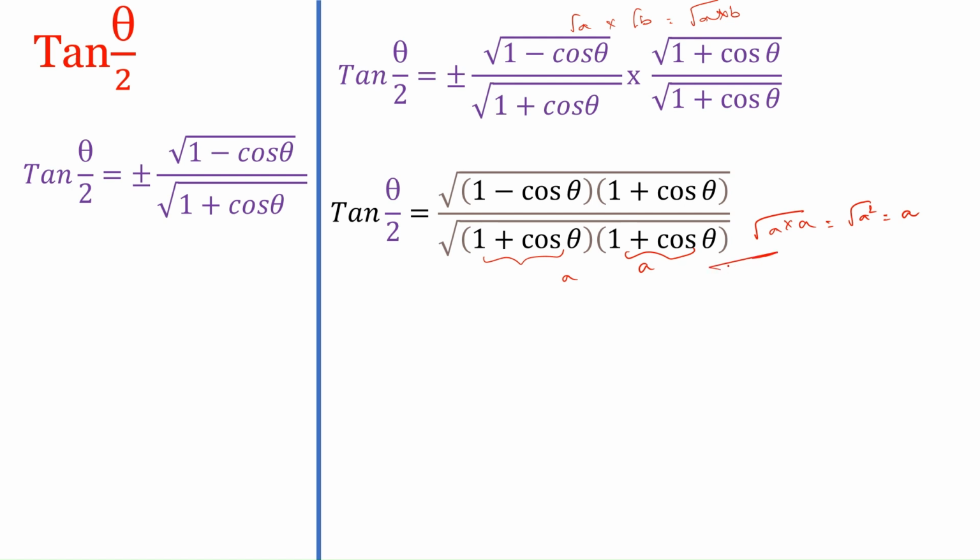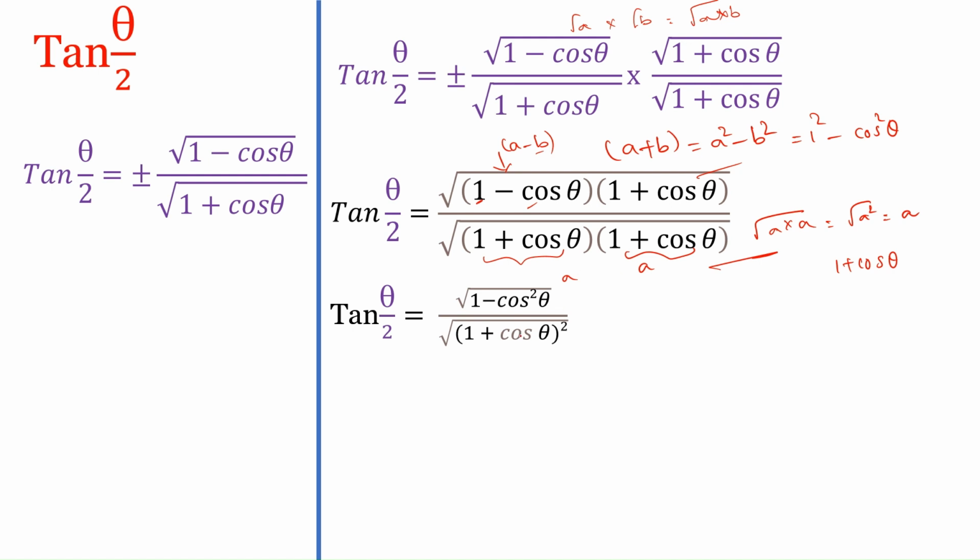So this denominator will get simplified to 1 plus cos theta. In the numerator, we have a minus b, where a is 1 and b is cos theta, and a plus b. So a minus b into a plus b is a square minus b square. Because of that, it will become 1 square minus cos square theta in the numerator. Let us write it down.